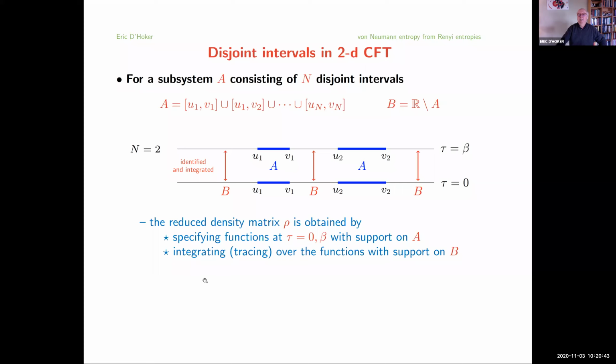That, in fact, will give you the reduced density matrix for the quantum field theory just on the intervals A. Does that make sense to everybody? If there are questions, please interrupt and ask.